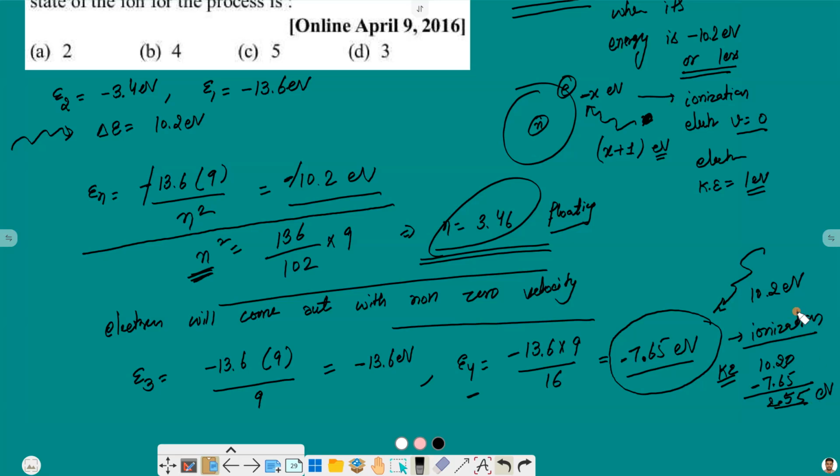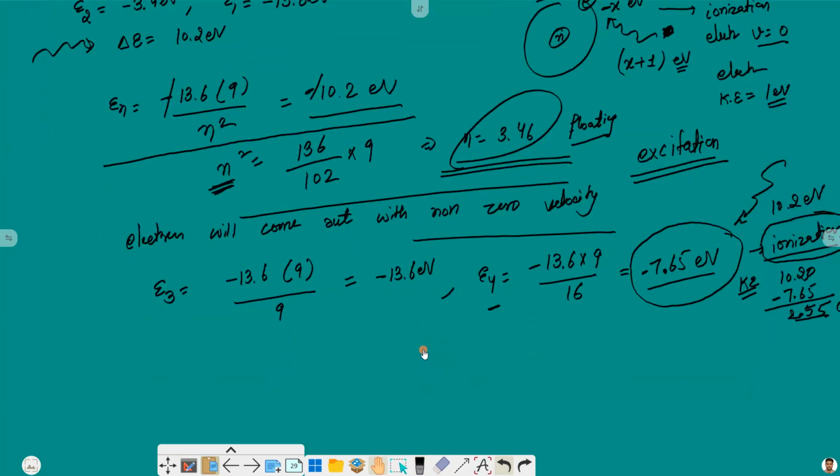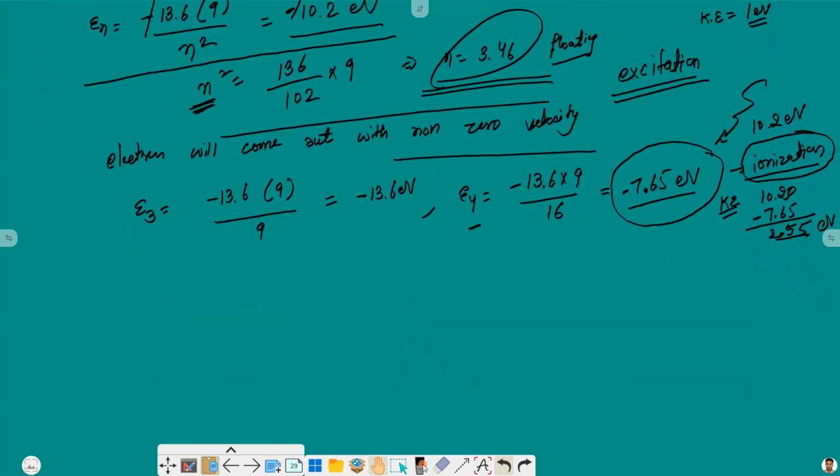So this is the case of ionization. Now keep in mind that in case of ionization, the photon is completely absorbed, but its energy does not need to be equal to the energy gap. That only happens in case of excitation. Let me discuss that one also, so hopefully it will clear any doubts you have between excitation and ionization.